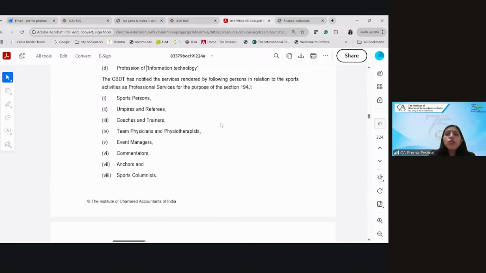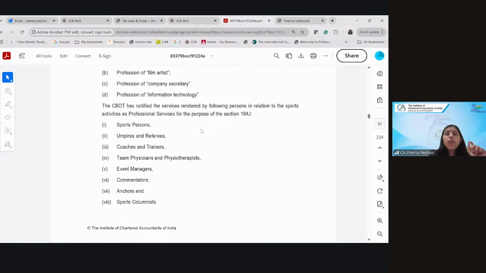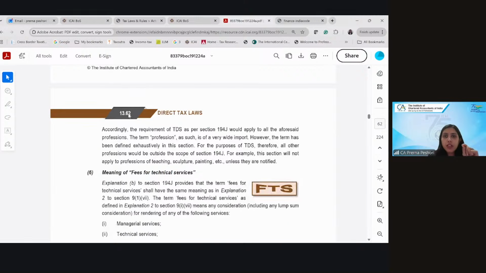And the CBDT has also notified the professions in relation to sports activities, which are covered for the purposes of 194J: sports persons, umpires and referees, coaches and trainers, team physicians and physiotherapists, event managers, commentators, anchors, and sports columnists. So any payment made to them will be covered under 194J.